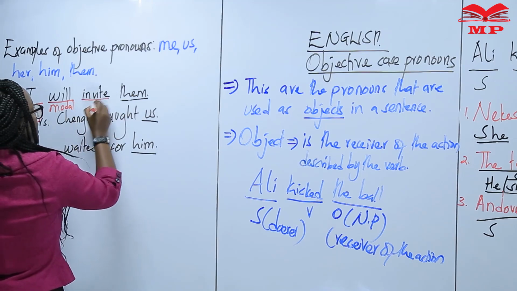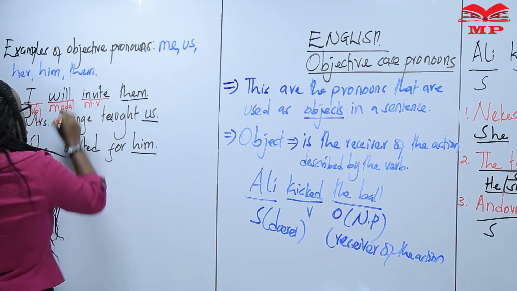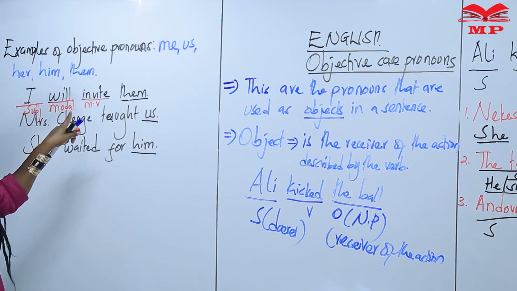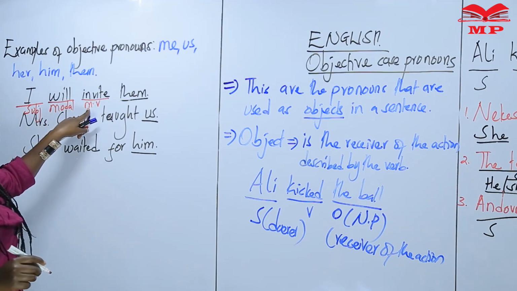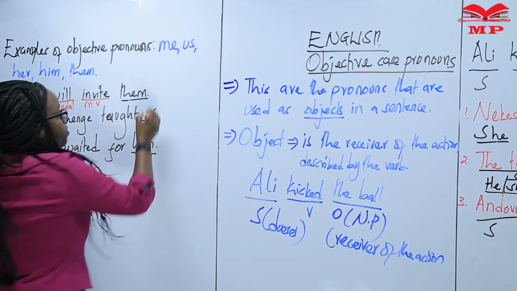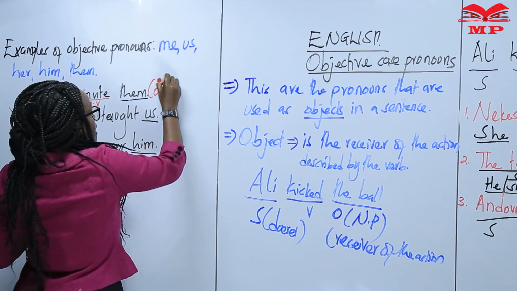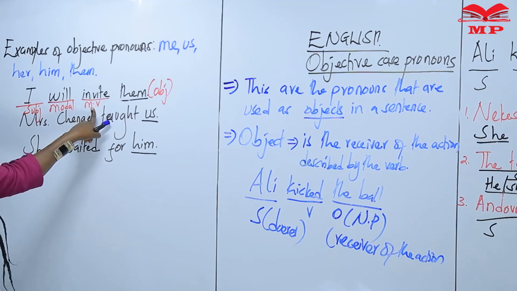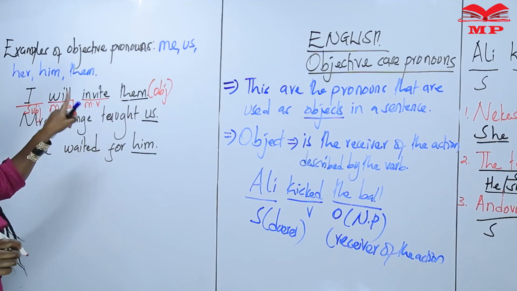And invite is the main verb. Remember, auxiliary verbs are helping verbs. Therefore, invite becomes our main verb, and then we have them, which is a pronoun in the objective case, coming after the main verb, invite.